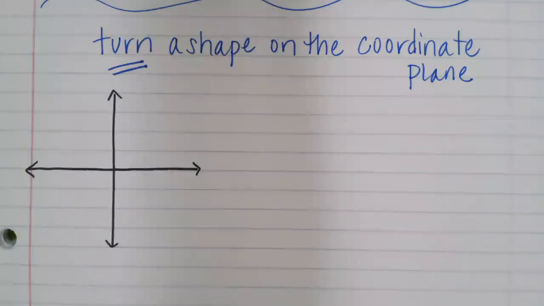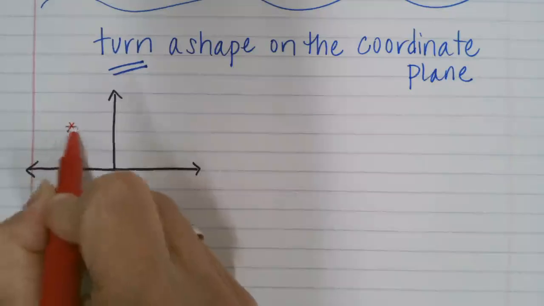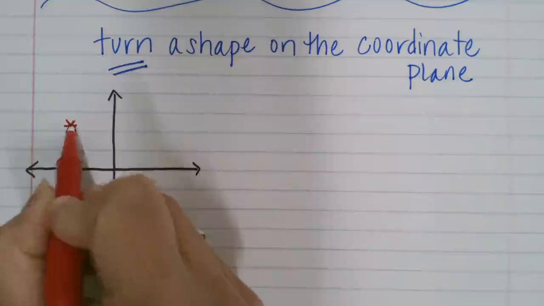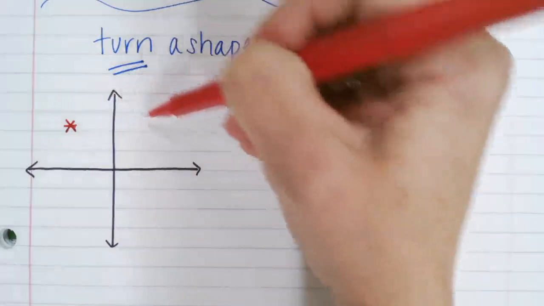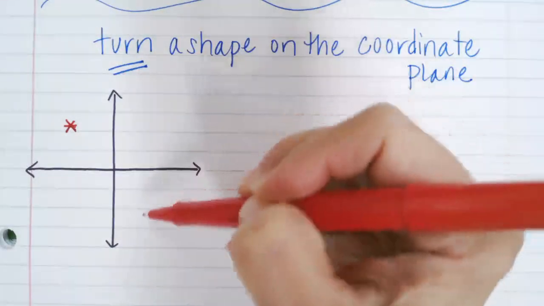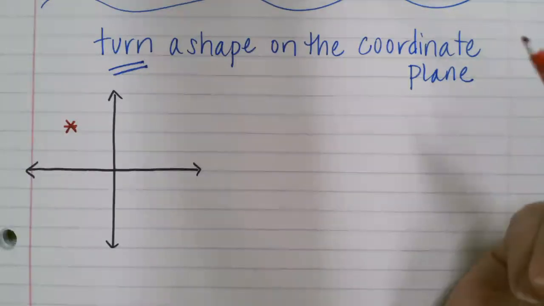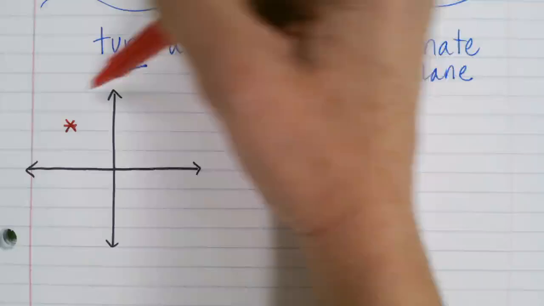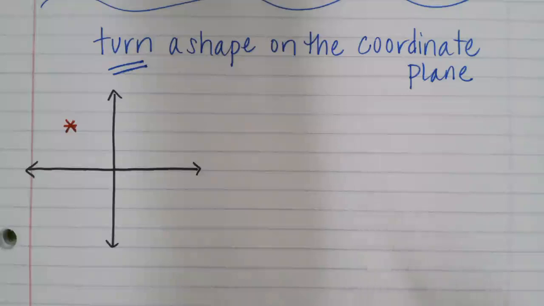So I am going to say that I start right here with my shape. So let's say this is my original right here. If I go clockwise, clockwise means going around to the right. So it's the way the clock moves. So if you glance at a clock and you follow the hands of a clock, they move this direction. So that's what clockwise is.